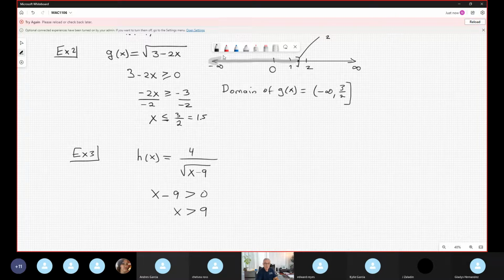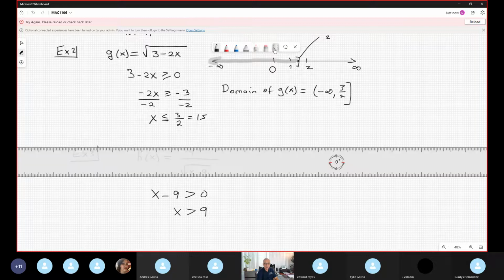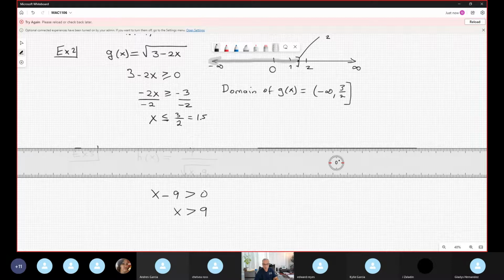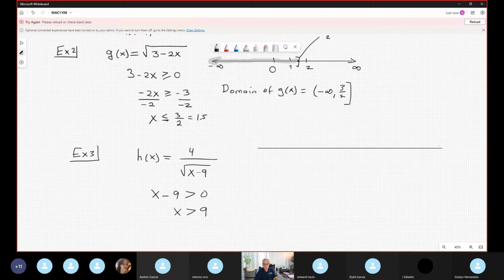Okay, now always try to express your domain in interval notation. Positive infinity, negative infinity, 0 here in the middle, 1, 2, 3, 4, 5, 6, 7, 8, and 9. It's greater than, so this interval continues forever to infinity, but does not include 9.